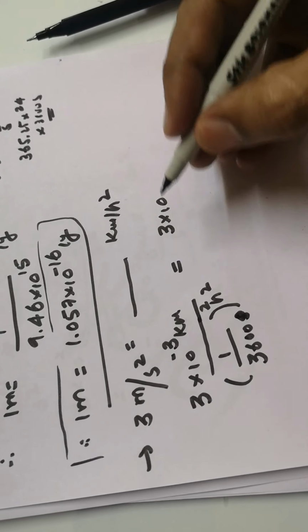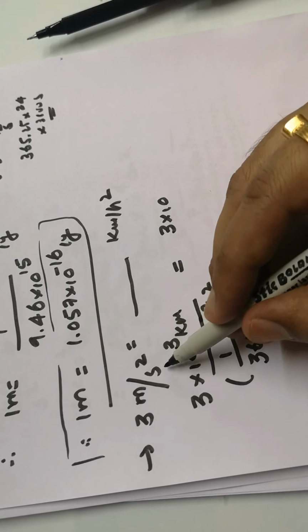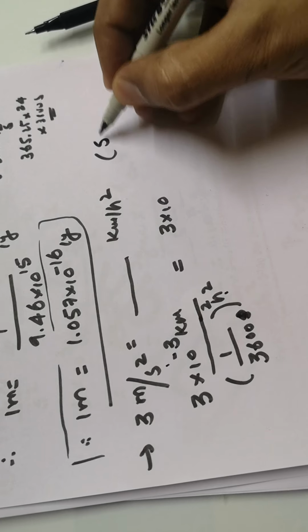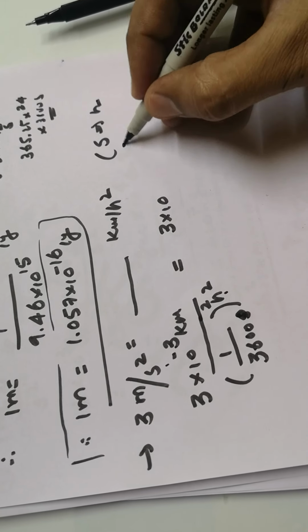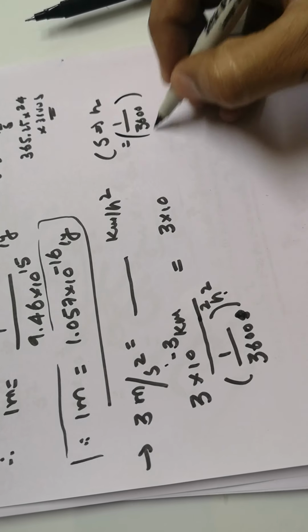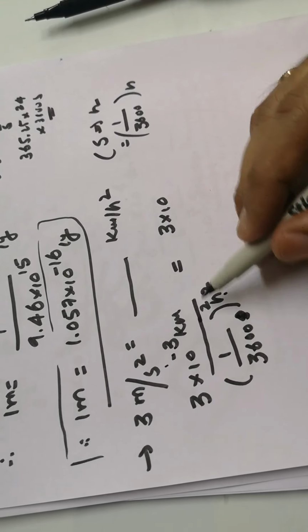So 1 upon 3600 square is hour square, because they have mentioned second square. I am mentioning that second to hour is 1 upon 3600 hours. This is a square, that is why I am putting a square.